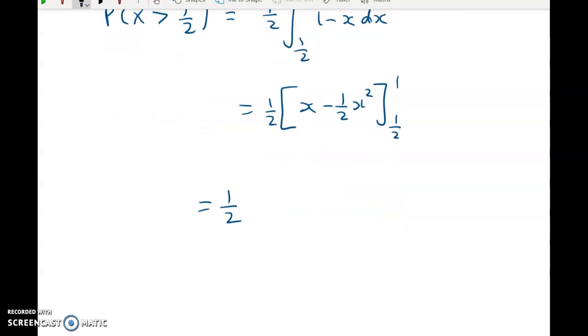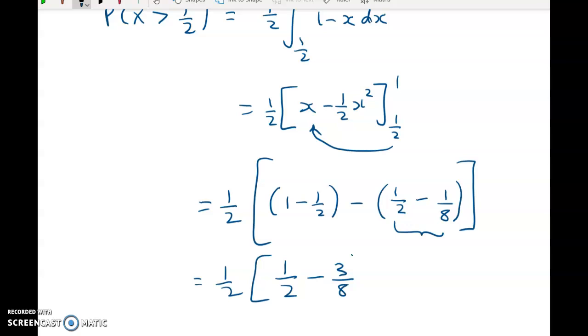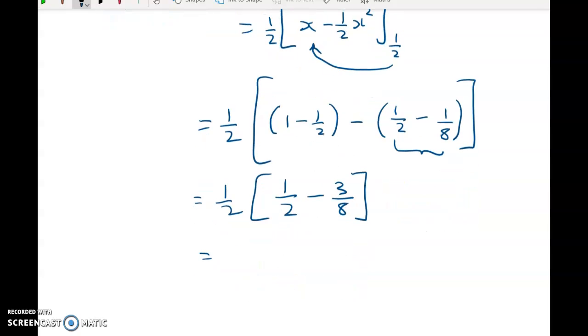So it's 1/2 times (1 minus 1/2) minus (1/2 minus 1/2 times 1/4, which is 1/8). That gives me 1/2 of (4/8 minus 1/8), which is 1/2 of 3/8, which gives me 3/16.